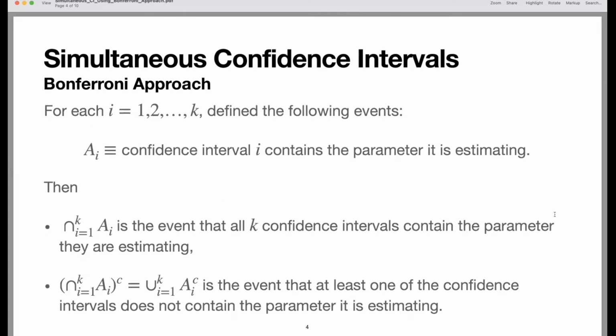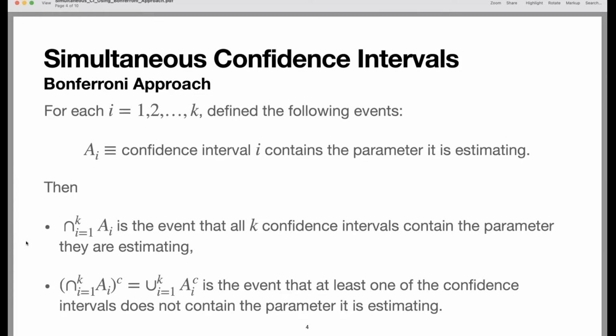For each I going from 1 up to k, let's define the following events. A sub I is defined to be the event that confidence interval I contains the parameter it is estimating. So A1 is the event that confidence interval 1 contains its parameter, A2 is the event that confidence interval 2 contains the parameter it's estimating, and so forth up to k.